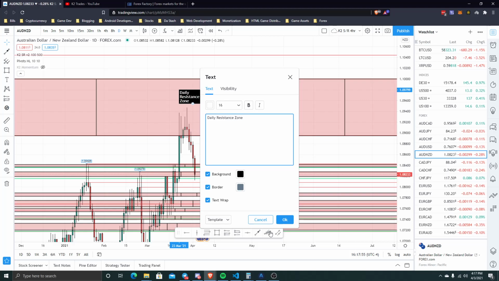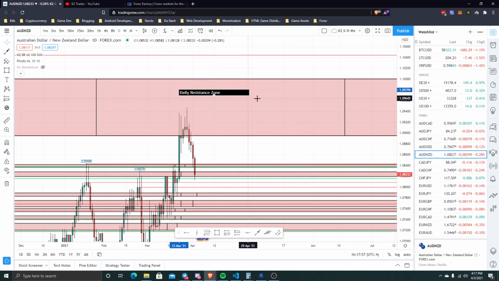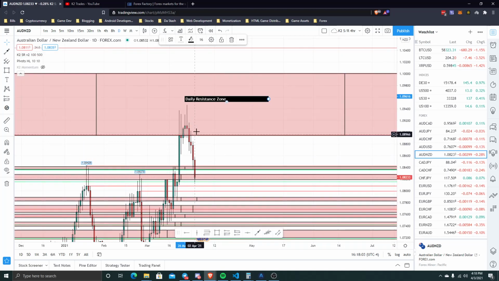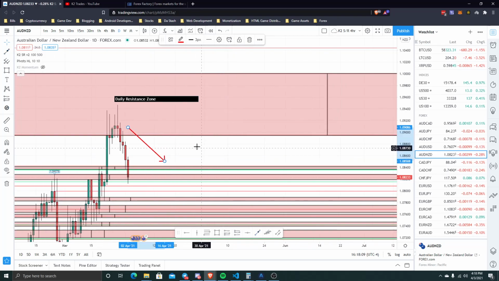Normally when price hits the resistance zones, it's bound to go back down, because this is a big box to break to continue to the upside.